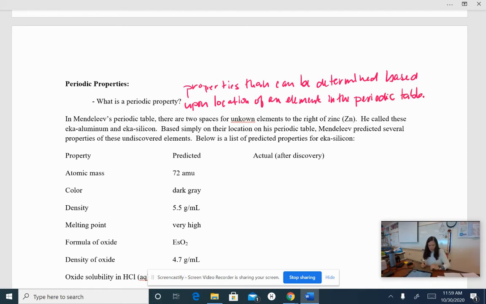Just based on where that element is on the periodic table, I can determine a whole bunch of properties without even knowing what element it is.